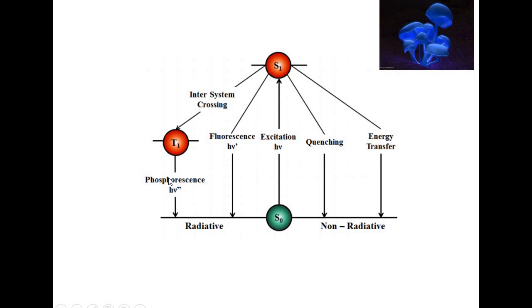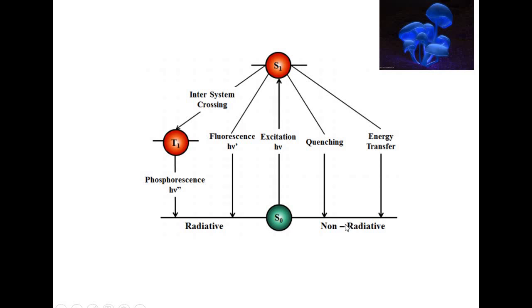In phosphorescence, electrons in the singlet excited state undergo intersystem crossing and are converted to the triplet state, that is T1, and then get back to the singlet ground state. Both of these processes are radiative pathways.